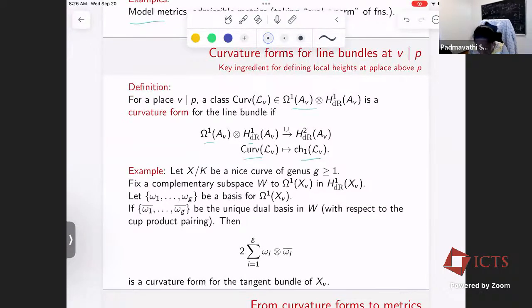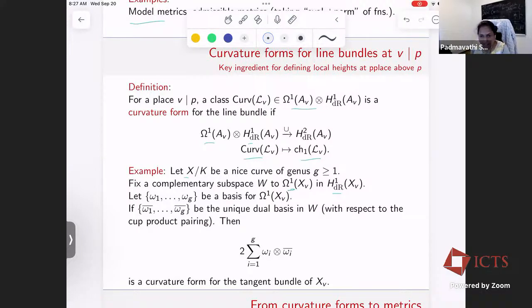So if you want a concrete example to keep in mind, you can look at the tangent bundle of a nice curve of genus at least one. So usually when you describe Coleman-Gross height pairings, you have to make a choice. You have to split the Hodge filtration. You have to choose a complementary subspace in H^1_dR to Ω^1, the global holomorphic differentials.